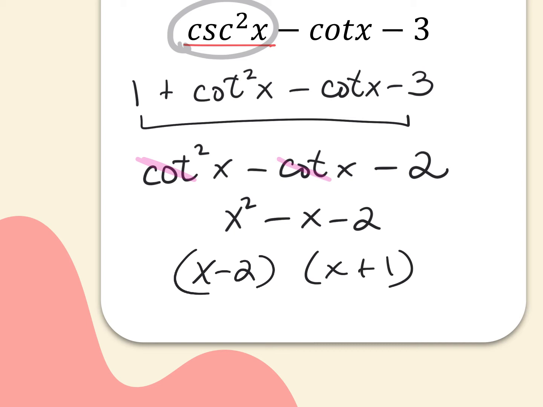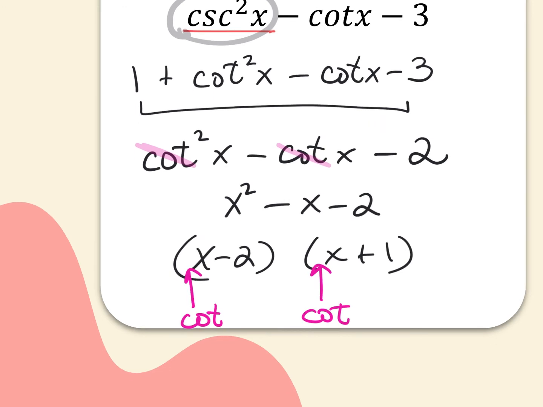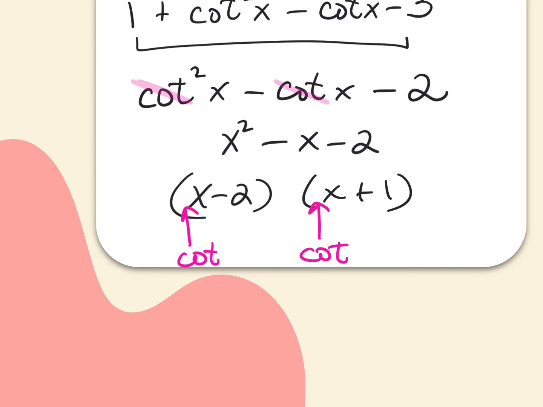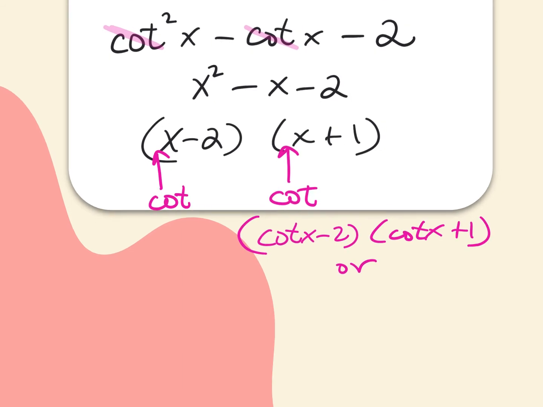Add back in the word cotangent in front of x, and factored will become cotangent x minus 2, cotangent x plus 1, or you could flip it and say cotangent x plus 1 first, and then cotangent x minus 2. Again, the order of the binomials doesn't matter.